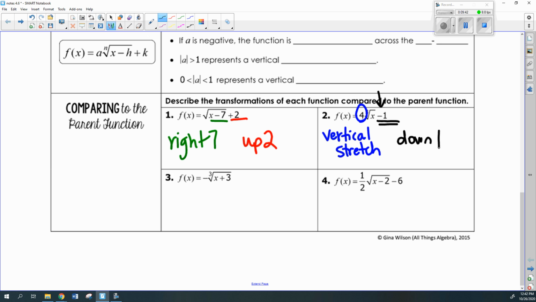All right, in number 3, we have a negative in front. So remember that means reflect over the x-axis, and don't be lazy, you gotta write it out. And then we have a +3 under the radical. That means it's inside the grouping symbol, so that's a left 3. And then for the last one, we have a 1/2 multiplied in front. So that's a vertical shrink.